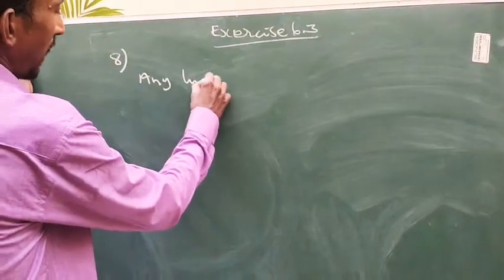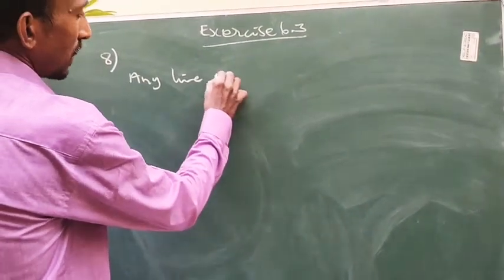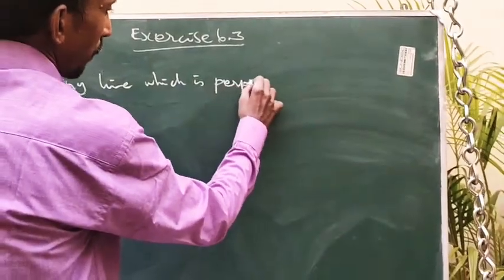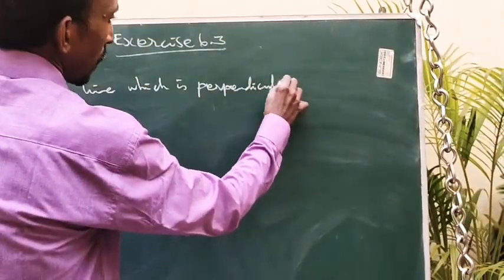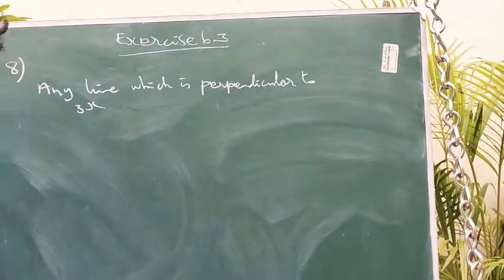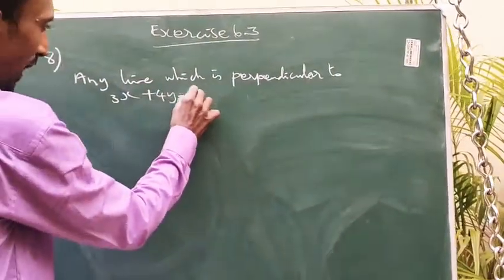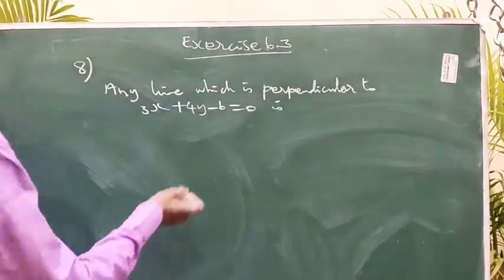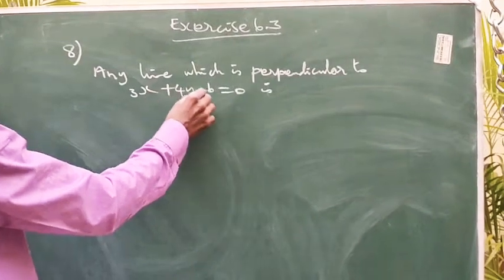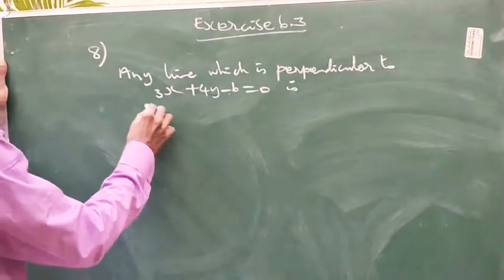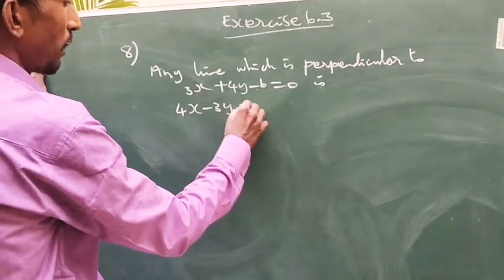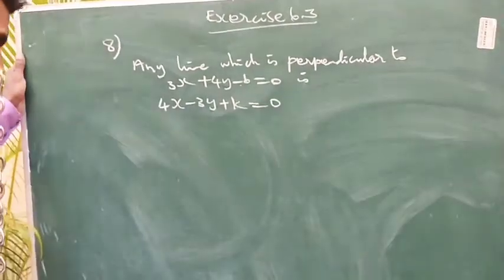Any line perpendicular to this, for ax plus by plus c equal to 0, swaps to bx minus ay, so it is 4x minus 3y plus some other constant equal to 0.